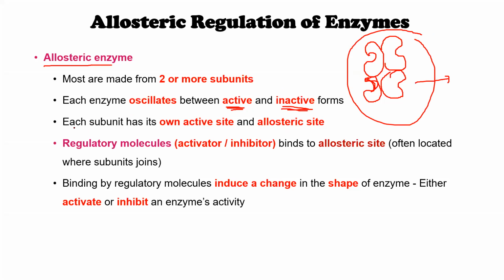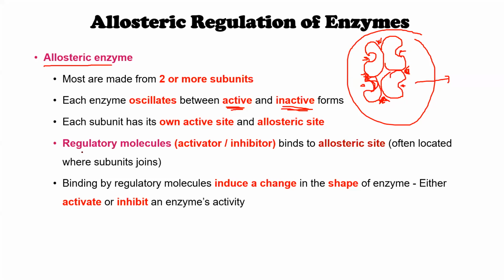Each subunit has its own active site and allosteric site. This is the active site, where the substrate will bind. But where the subunits join, this usually becomes the allosteric site, where the regulatory molecule will bind.